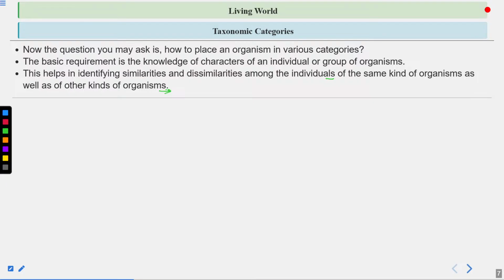So if you know about the characters of a particular group of organisms or of a single individual, this will help you identify the similarities as well as dissimilarities between the organisms, and you can use this information to classify these organisms into various groups. So you can say, these organisms share these characteristics, so we can put them in one group. Then you can say, these organisms don't share any characteristics, so we put them in different groups.